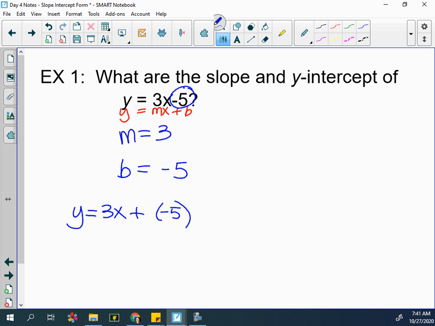Okay, well I want you to try number 2. This time you're going to write the equation of a line when I give you the slope and I give you the y-intercept.